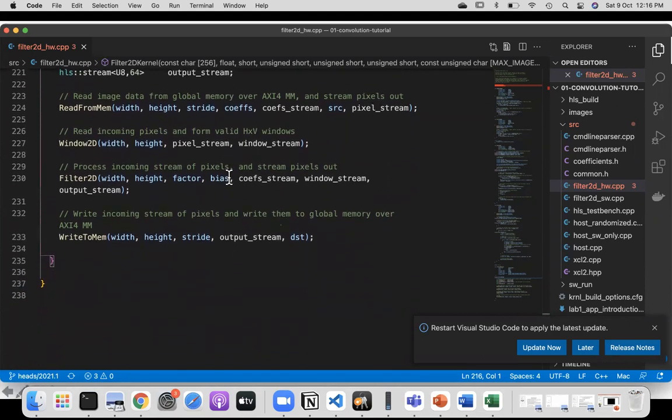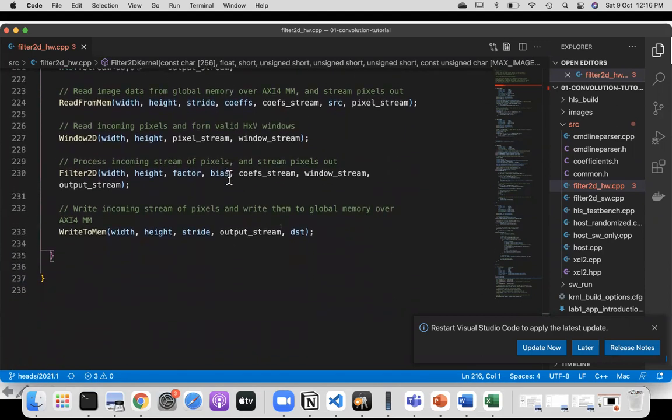So the logical picture for this, if you see this picture, there is this stage RM that is read from memory.